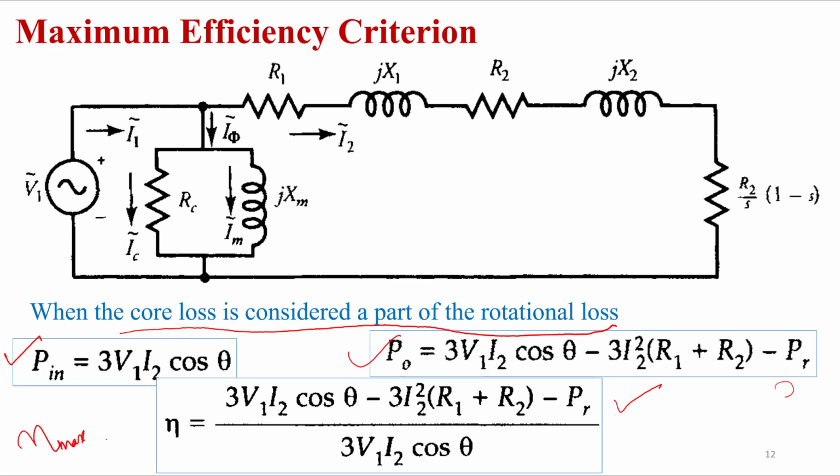Under what condition? Take the derivative of this expression with respect to I2, because I2 is the only variable here, equate it to 0 and you will find the criterion for maximum efficiency. Can you find it? Please find it.